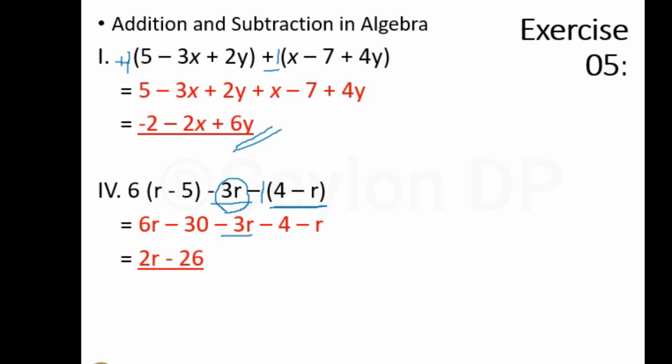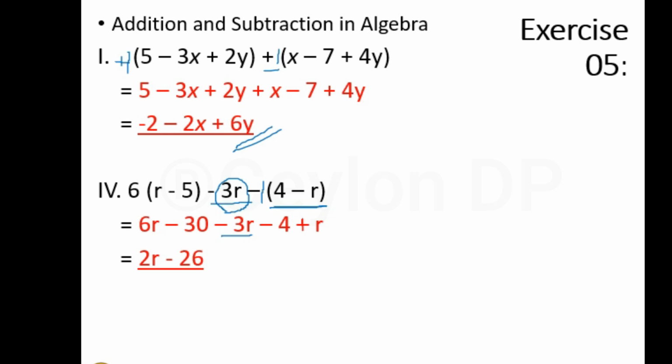The answer here you have to get plus r. It's a mistake by me, but here you have to get plus r. I'll change it to plus r. It should be plus r.